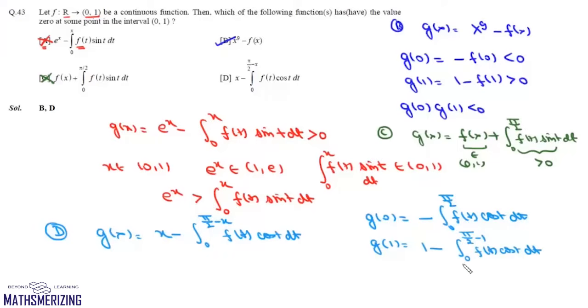Now this value is less than 1, and therefore g(1) is greater than 0. So again from here we can say g(0) into g(1) is less than 0, and from Bolzano's theorem again we can say that there is at least one root in (0, 1). So that means option D is also correct. So the correct options are B and D.